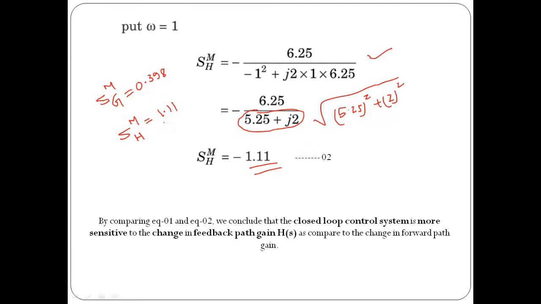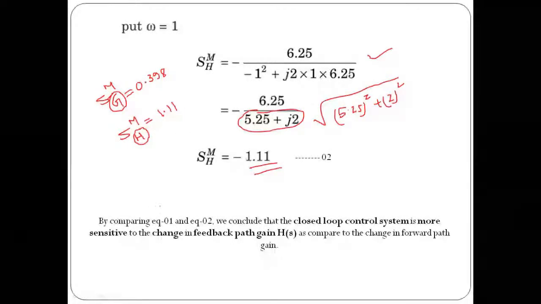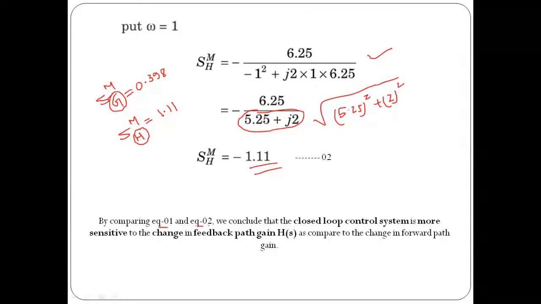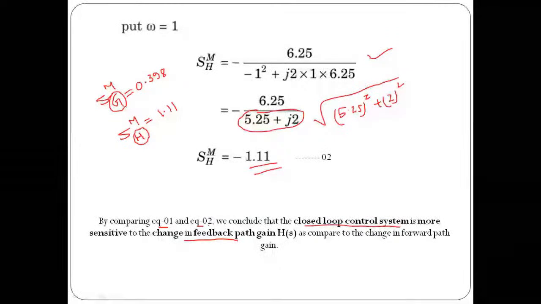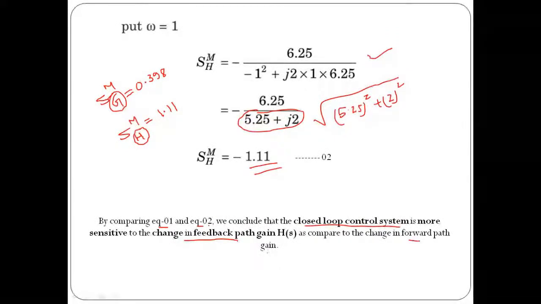So from this it is very clear that closed loop control systems are highly sensitive if we change the feedback path gain or parameter as compared to forward path gain or forward path parameter. That is important. So same thing is mentioned over here. See, if you compare equation number 1 and equation number 2, we conclude that closed loop control systems are more sensitive to change in feedback path gain as compared to the change in forward path gain.